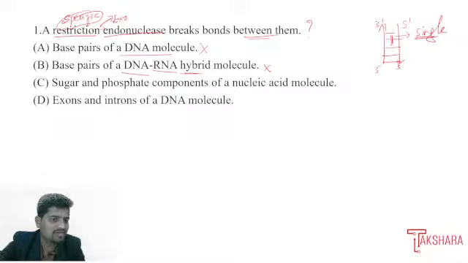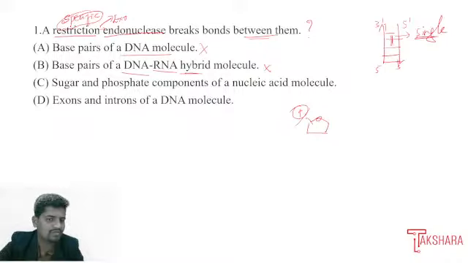Now we come to C, the sugar and phosphate component of nucleic acids. If we take an example, this is one kind of sugar molecule, and the phosphate molecules will be present. In between the sugar and the phosphate component, they have to break the bond.